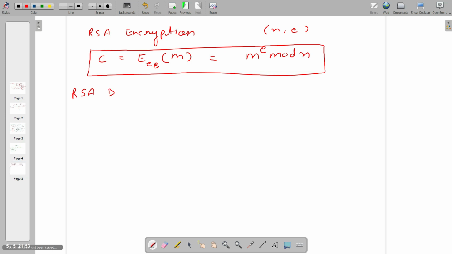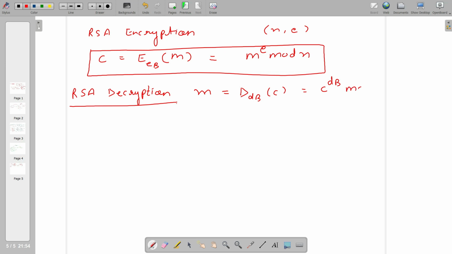RSA decryption says we need to generate M, because it is decryption, with the help of the ciphertext and the private key D of Bob. So it means C to the power D mod n.